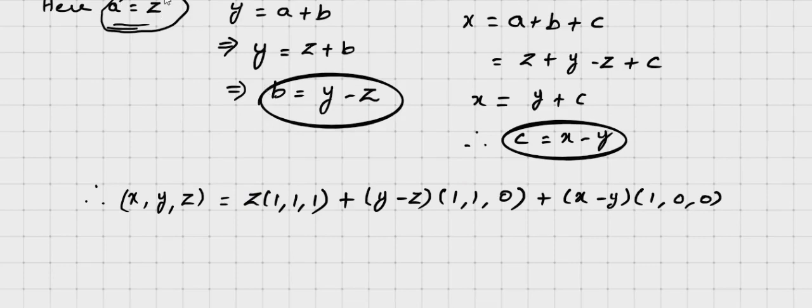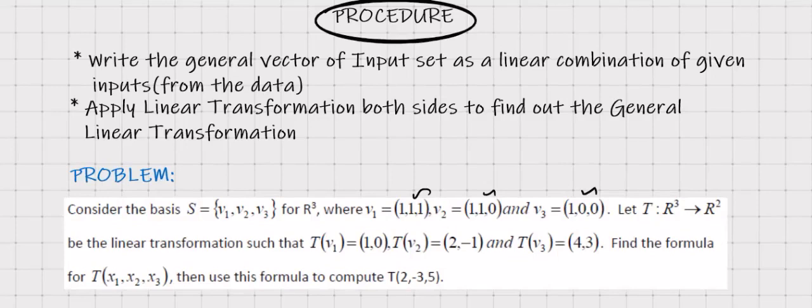We shall check the procedure once again. See, the procedure is, I should write the general vector. Just see here, write the general vector, that is (x, y, z) of input set. Here the input set is R3, as a linear combination of given inputs.